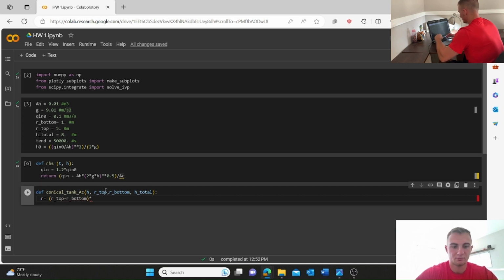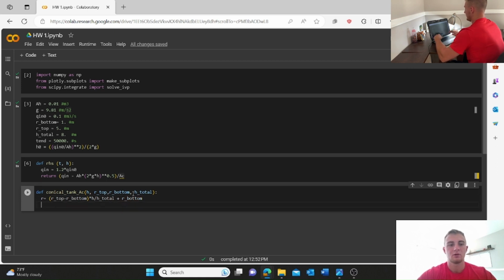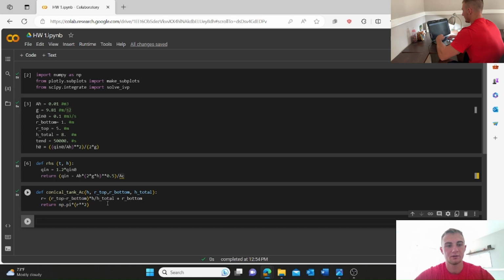So this will be multiplied by H and then divided by H total. And then we will add on R bottom as our y-intercept. And then what we'll do in this function is return that cross-sectional area AC. So we'll do np dot pi times r squared, and that will return us our cross-sectional area AC. So we'll go Shift Enter there.